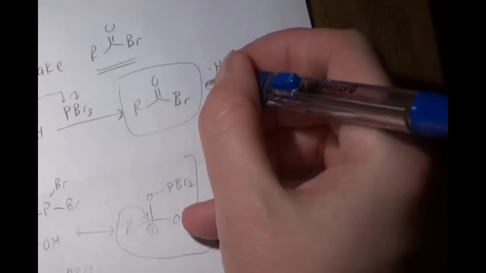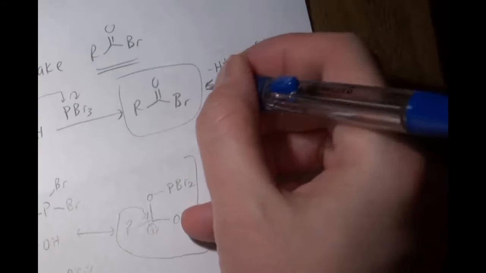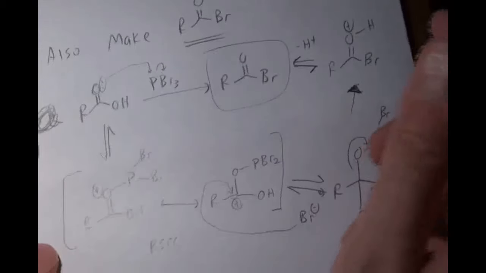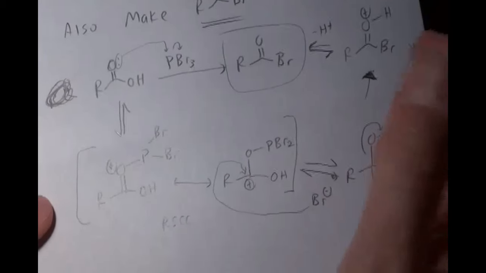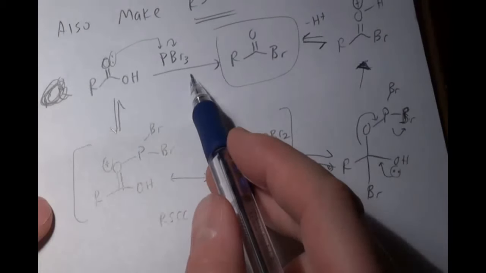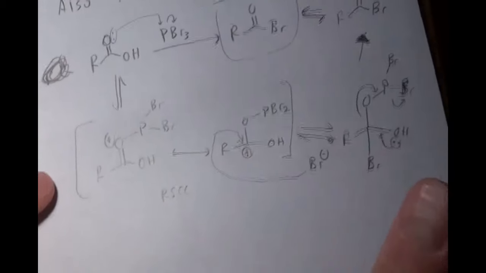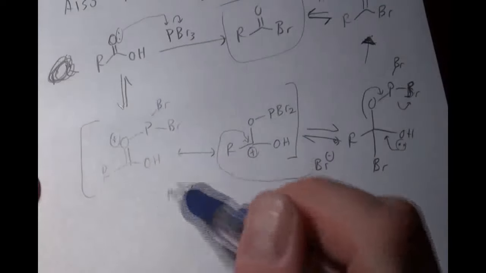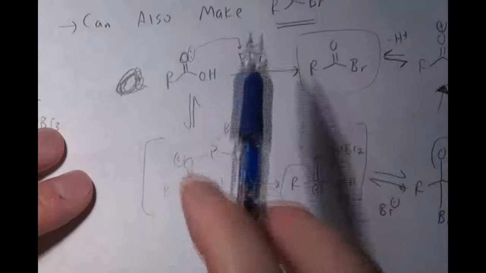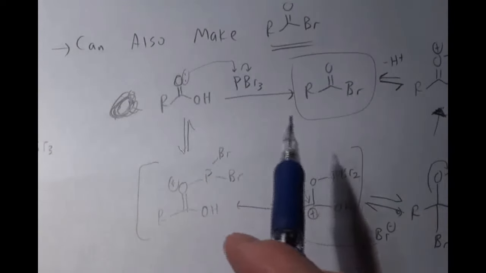Okay. And then the loss of a proton is reversible. Again, that's not a real big deal. On all quizzes and things, it's okay to use the irreversible arrows, these kind of arrows, okay? But indeed, there are definitely reactions that are reversible. Okay, so that's acid bromides.